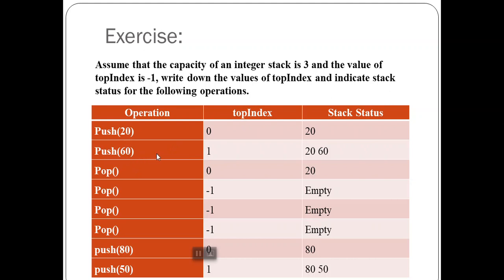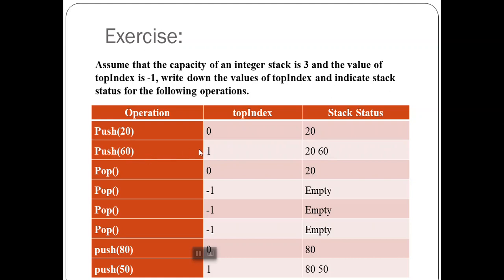Now again, if I call push with 60, what happens? You have to check whether the stack is full or not. Be careful here: when you are trying to add or delete an element, you have to check the status of the stack. If you want to push an element, you have to see whether the maximum size is reached. Only 3 elements can be stored here, and we have only 1 element, so 1 more can be inserted.